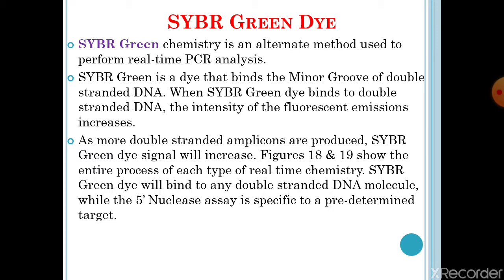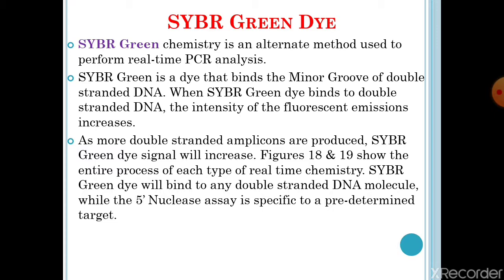As more double-stranded amplicons are produced, the SYBR Green dye signal will increase. So now you can see detection is done at the exponential phase. As more and more amplicons are produced, the SYBR Green dye will give more emissions.